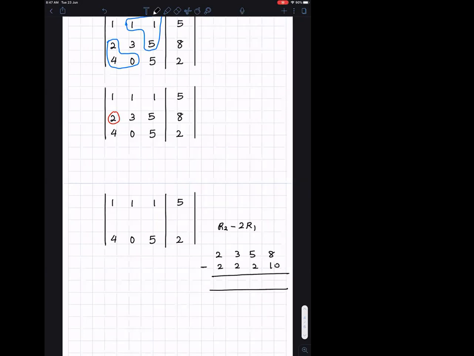Subtract: 2 minus 2 is 0, 3 minus 2 is 1, 5 minus 2 is 3, 8 minus 10 is minus 2. This is entered in row 2. So it's going to be 0, 1, 3, minus 2.